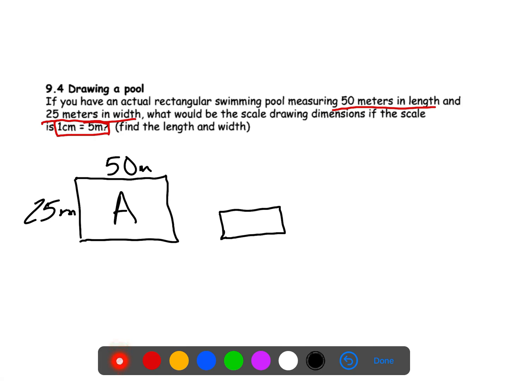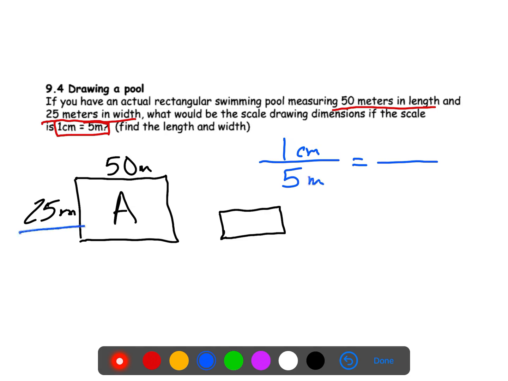I'm going to start by setting up a proportion. Remember, that's showing 2 equivalent ratios here. My first ratio is going to be my scale, and I put the measurement of the drawing over the measurement of the actual room. Then I'm going to turn, let's do the width first.